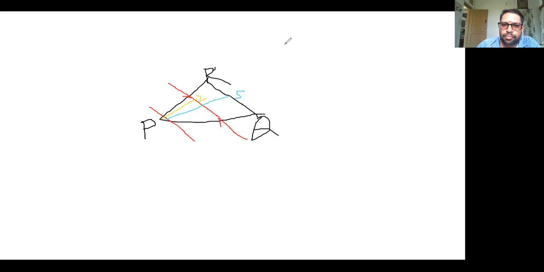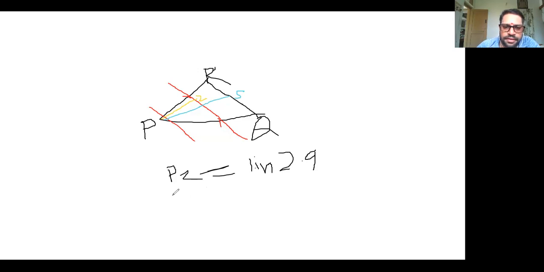Now you measure these 2 points. This is PZ, the PZ will be 1 in 2.9.